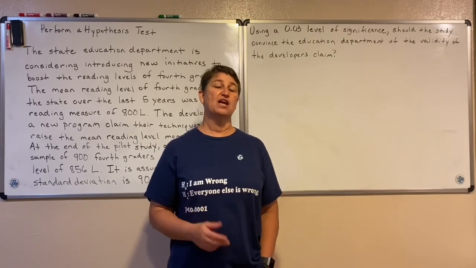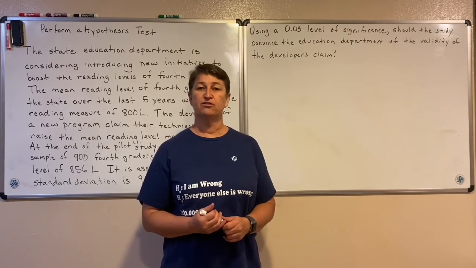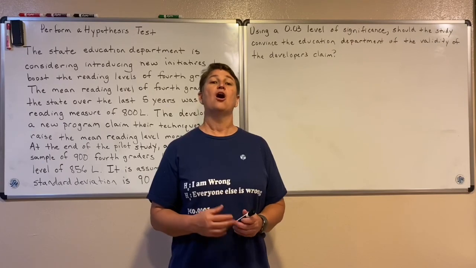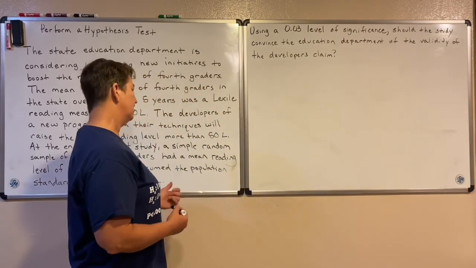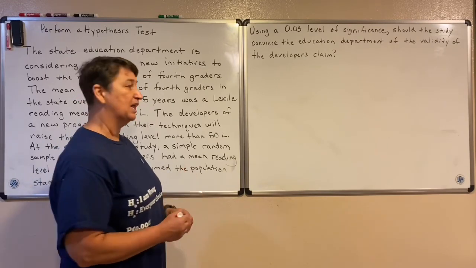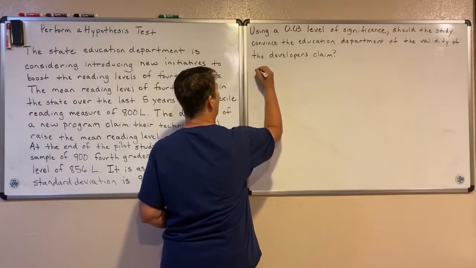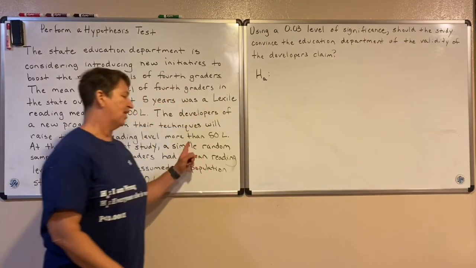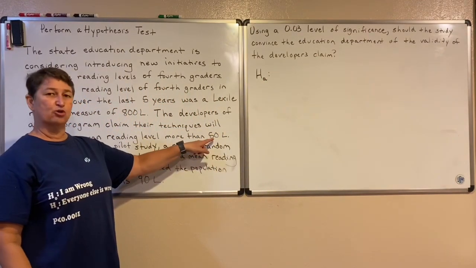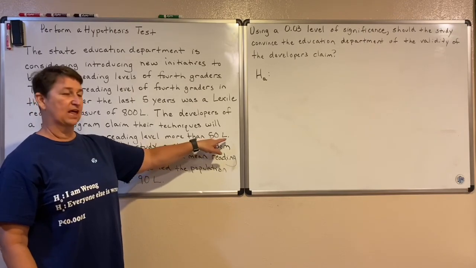Remember, the first step in performing a hypothesis test is to determine the alternative and null hypothesis. So here, the program is claiming, so that's their alternative hypothesis, that their reading level will increase more than 50 Lexile.